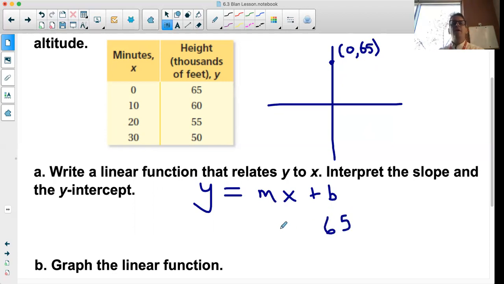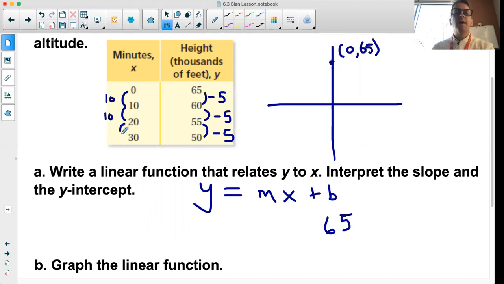Now, your intercept is your 65, but your slope is not as obvious. You can take a look at the change in y, negative 5,000 feet. It goes down negative 5,000 feet, so it goes down negative 5 as the minutes go up 10.